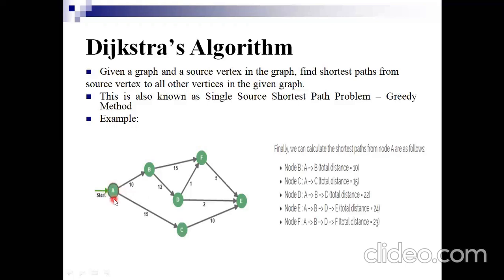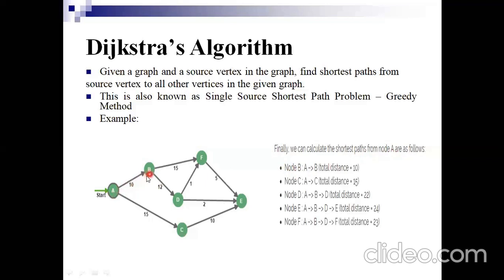My aim for this problem is, given the source vertex, to find the shortest paths from the source to all other vertices. That means I'll have to find the shortest path from A to B, A to C, A to D, A to E, then A to F. From node A to node B, the shortest path is of distance 10.